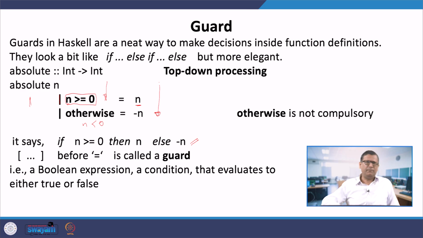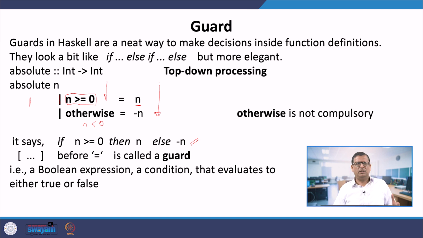So the first concept that we take is, for example, we know that conditional flow is implemented with if then else in imperative style of programming. So guards in Haskell are a neat way to make decisions inside function definitions.